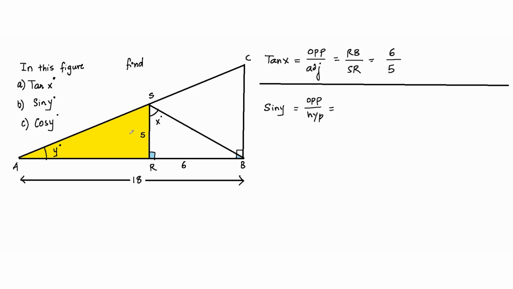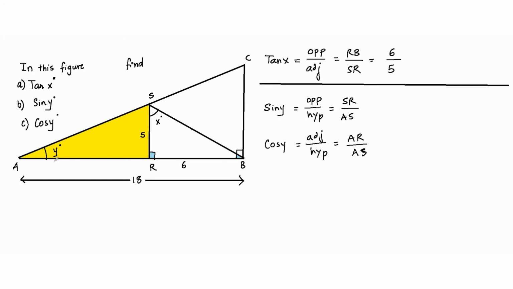The opposite length is SR, so this is SR divided by the hypotenuse AS. And cos y is given by the adjacent side, that's AR, divided by hypotenuse. So that's going to be AR again divided by AS, right?